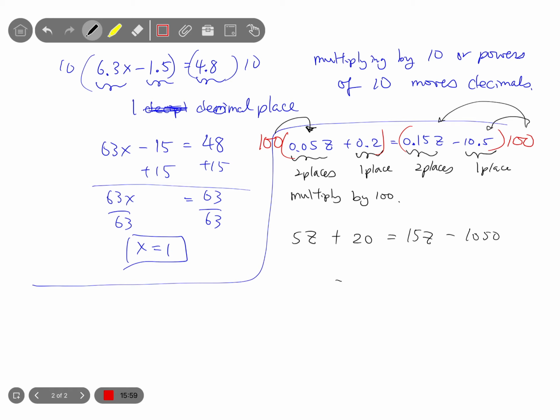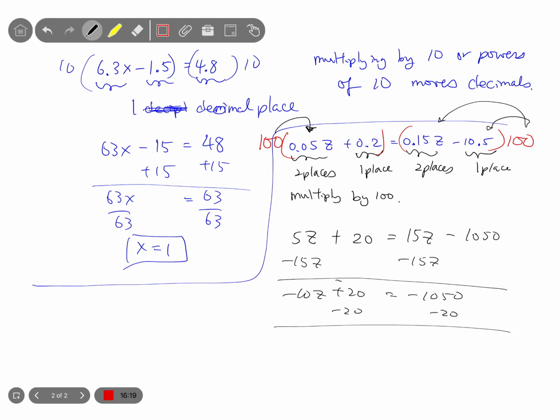All right, so then this problem becomes easier. It's just whole numbers. So I'm going to subtract 15z on both sides. I get negative 10z plus 20 equals negative 1050. Then I'm going to subtract 20 on both sides, so I can get all the terms that do not have variables on the other side.